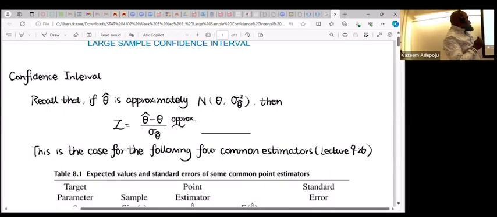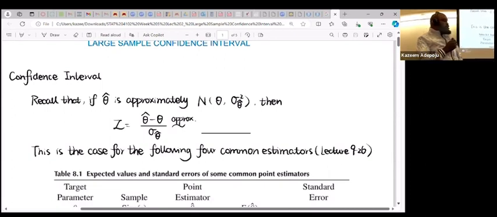Let me tell you, in the situation where the sample size is large, we expect the probability distribution of the estimator theta cap to be approximately normal by the central limit theorem. That is why theta cap approximately follows a normal distribution with mean theta and variance sigma squared theta cap.